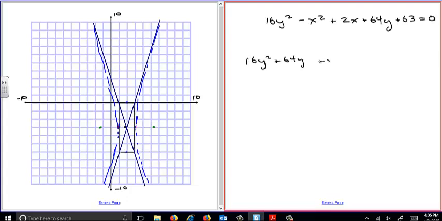Group the x squared terms together, and move the constant to the right hand side. So we're going to factor out the 16. 16 times y squared, divide 64 by 16, you get 4y, leave a space, factor out the negative sign, so you get x squared minus 2x, leave some space, negative 63.